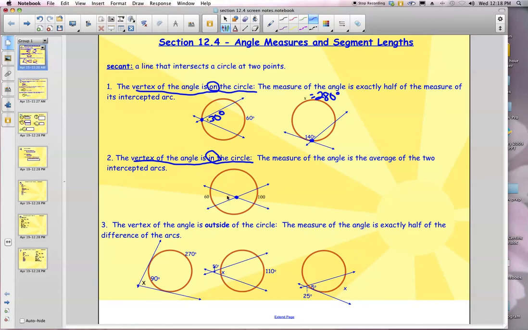If I was looking for this angle measure, I would take this intercepted arc on this side and the one on the opposite side, because those secants create 2 intercepted arcs. I would add those together and divide by 2, because that's finding the average. So I would add 60 and 100 and get 160 and divide it by 2, and X would be equal to 80 degrees.